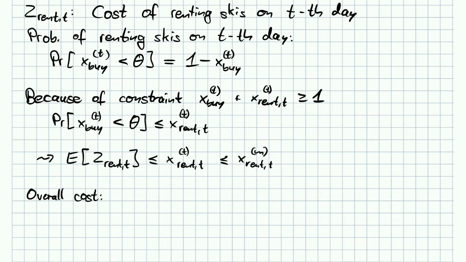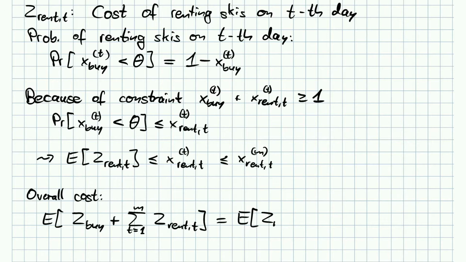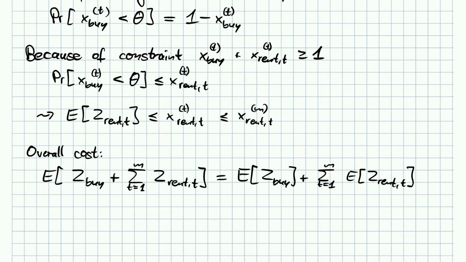Good. So what is now our overall cost? This is exactly the expectation of z buy plus the sum of these z rent t. So how much are we spending overall? Now we'll use linearity of expectation. And now we can use the bounds that we derived.